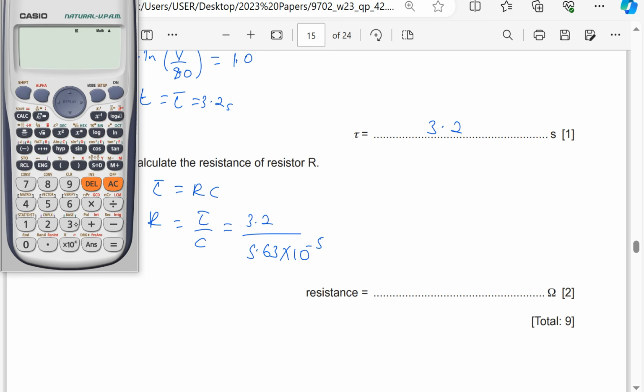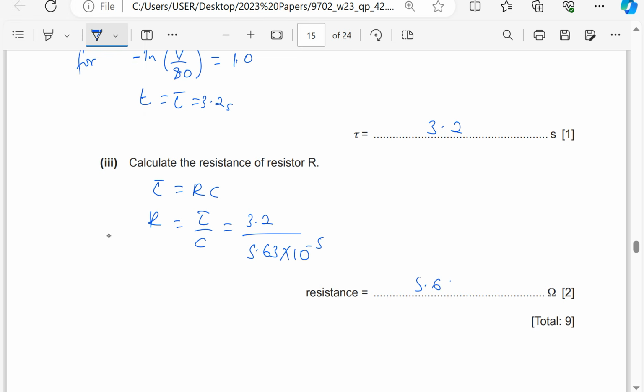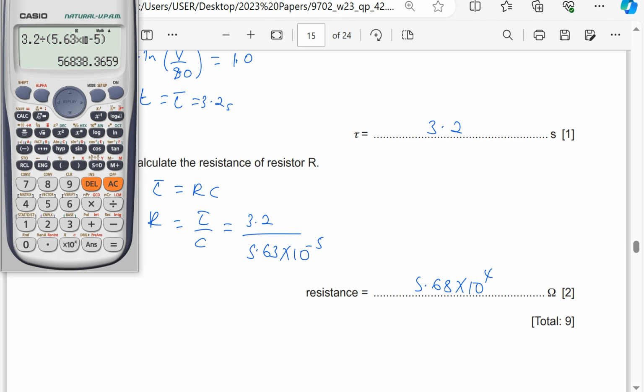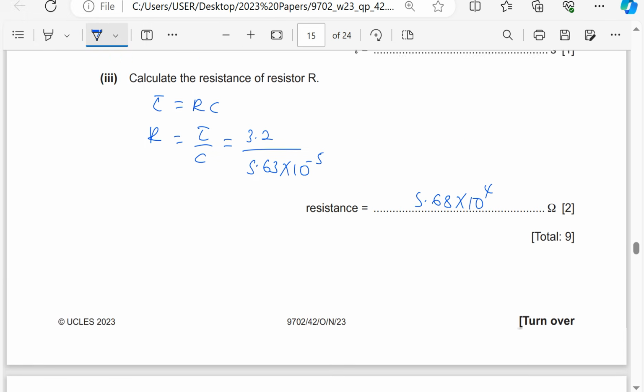So I'll press the calculator. 3.2 divided by 5.63 exponent minus 5. So this is 5.68 times 10 to the power of 4 ohms.